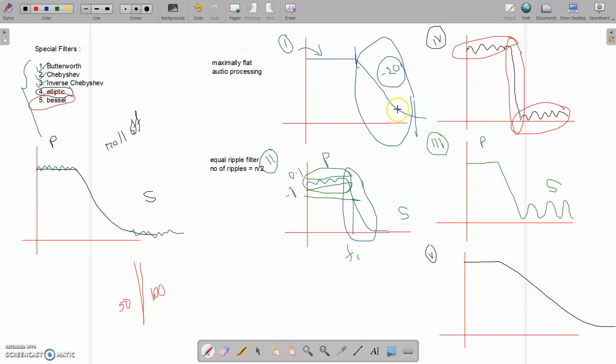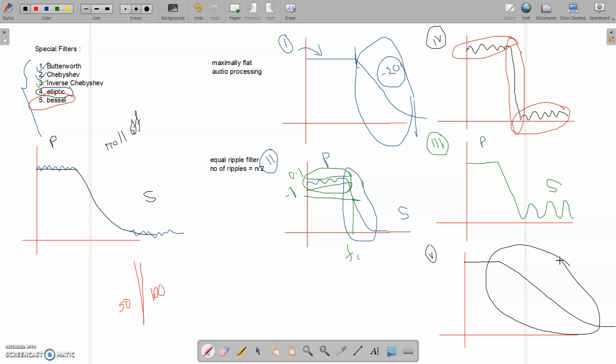This is my 20 decibel, the normal one, and now I have a very gradual, very long transition, which is the maximum that occurs in the Bessel filter. This is used sometimes because it provides a certain amount of delay, and you will learn the applications of these in your next semesters, in your third and fourth year, in some high level courses.